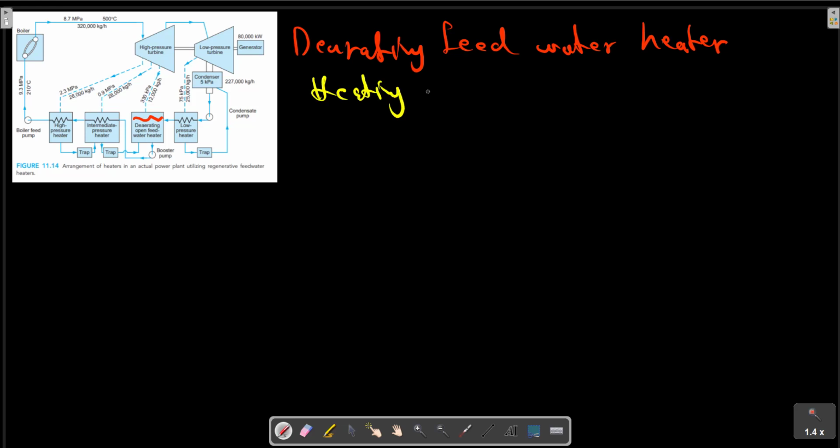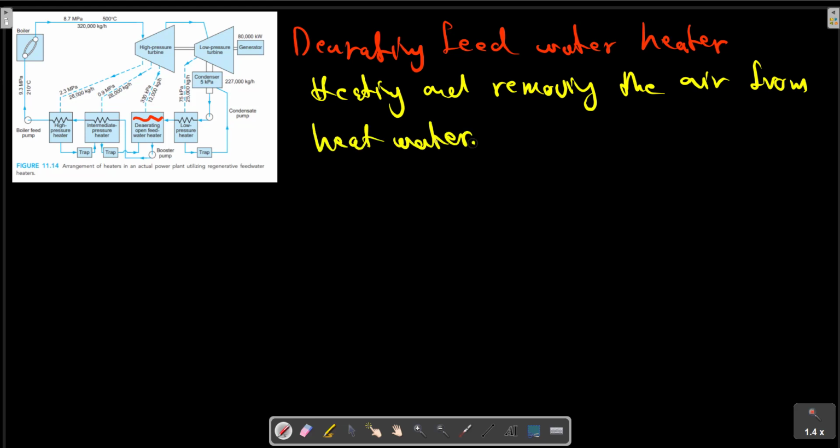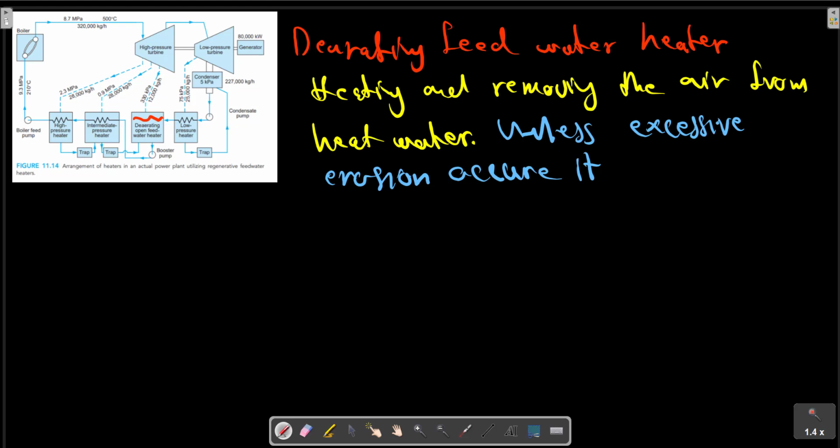Without this, excessive corrosion occurs in the boiler.